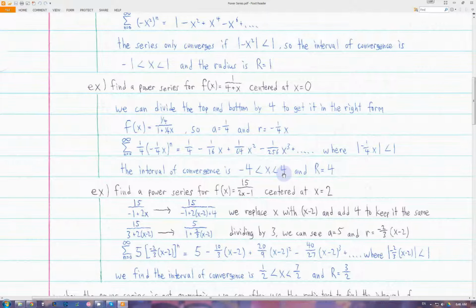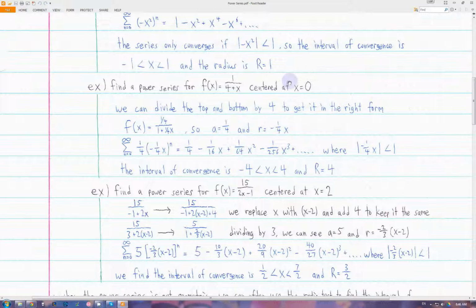And one way you can check your work when you're making these power series is that the first term in your power series should equal the value of the function at the center. So here, if we plug in 2 to the function, we get 15 over 3, which is 5. And so 5 is the first term in our power series, so it's probably right.